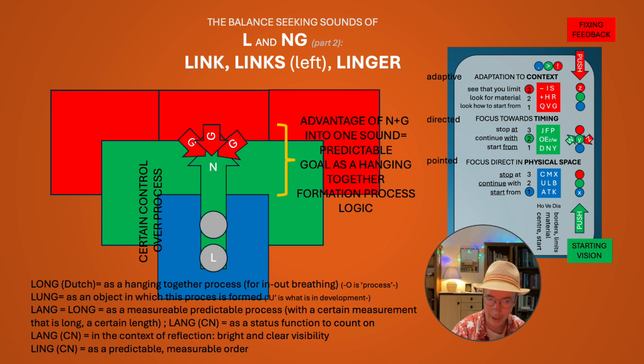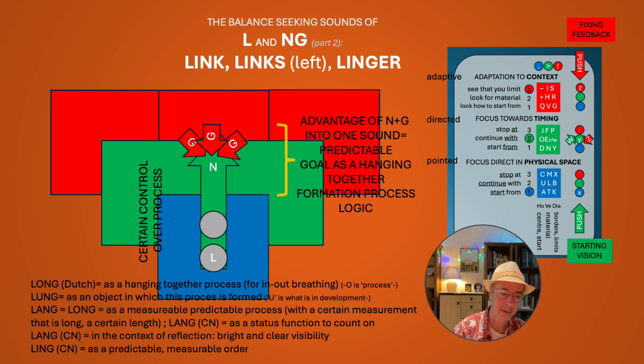All the words have that aspect in them as well. So they have a certain control over that growth process. That's what the L and N is about. Can you see that in the letters? That was my investigation. We had a few words in English, and you had a word in Dutch as well.